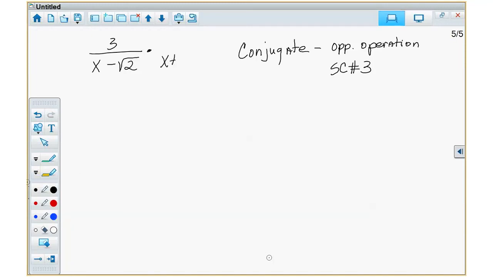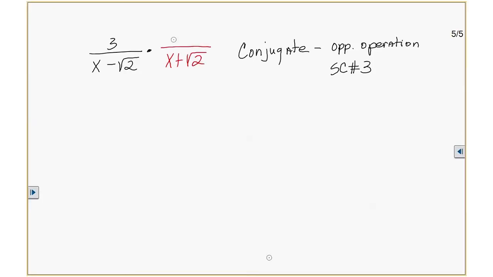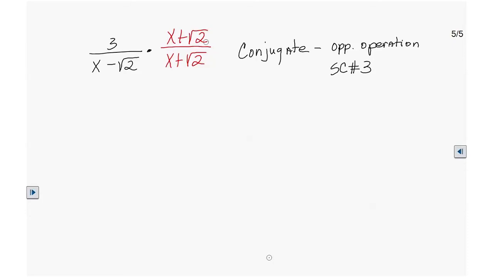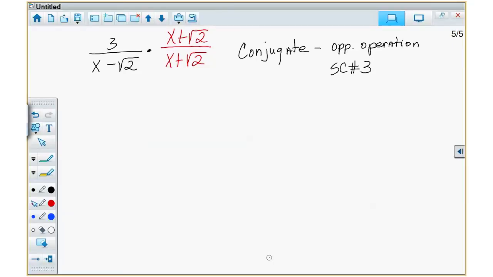Let me do this in another color. Here are the conjugates: x plus the square root of 2 over x plus the square root of 2. And what will that give us on the bottom? That will give us shortcut number 3, which gives x quantity squared minus the square root of 2 quantity squared. And on the top, you just do whatever, because you don't care about the top. 3 times x plus square root of 2.